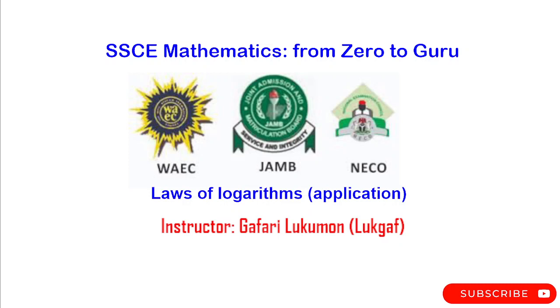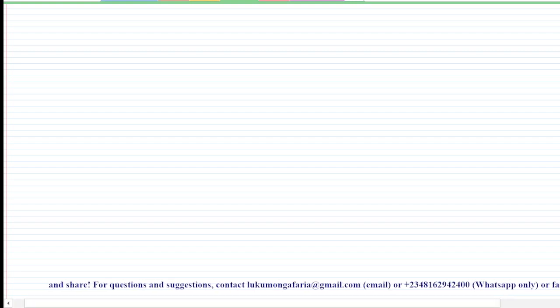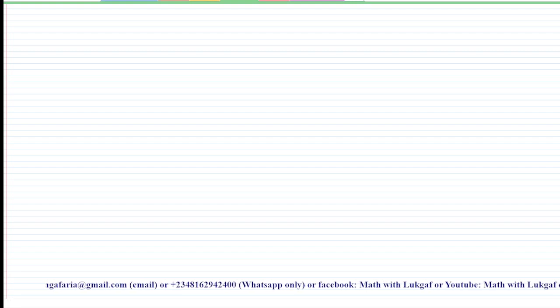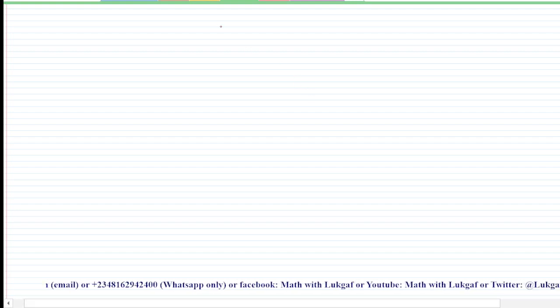In this video, I'm going to apply some of the laws I derived in the previous video. Don't forget I said the principles of working in indices is the same thing as that of logarithm, and I derived some of the laws that you will be using in logarithm. The first one is the multiplication law.